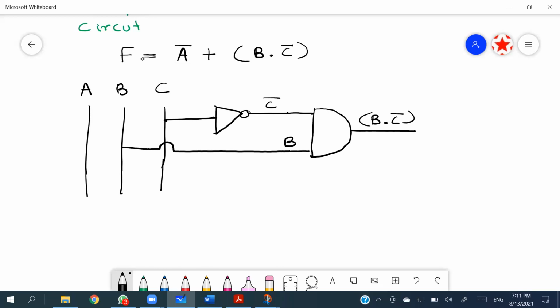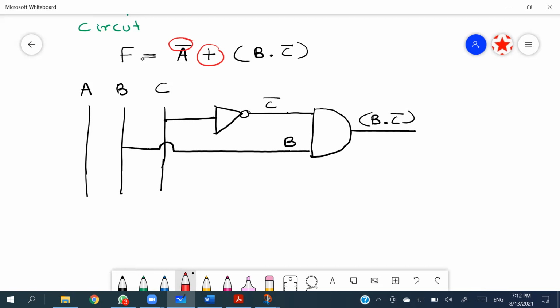So you had A bar, you had a dot, and you dealt with those. Now come out of the brackets. You have two things again. What are the two things? You've got a plus operator, that is OR, and another bar, that is NOT. From those two, who's going to have the priority?